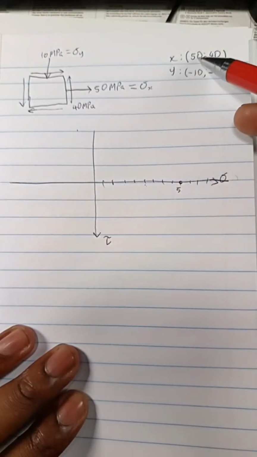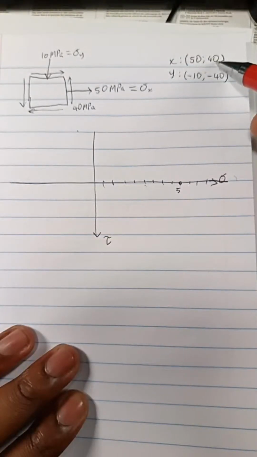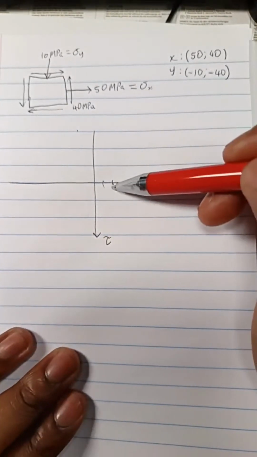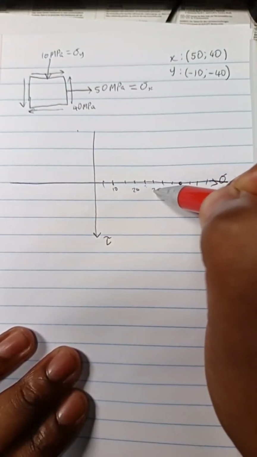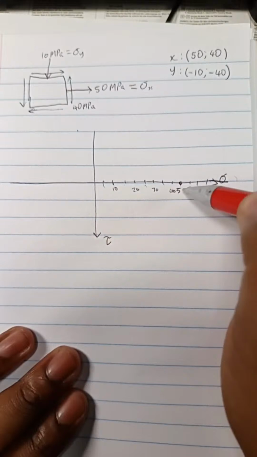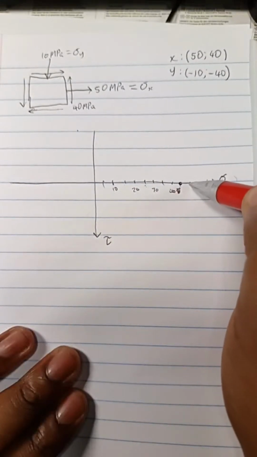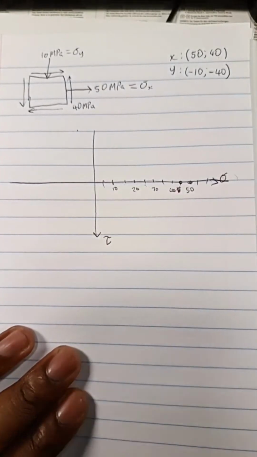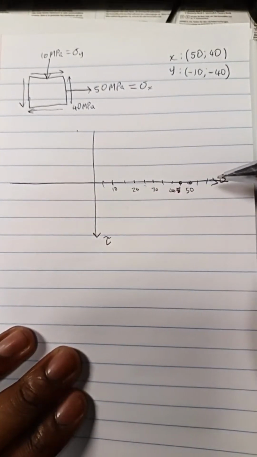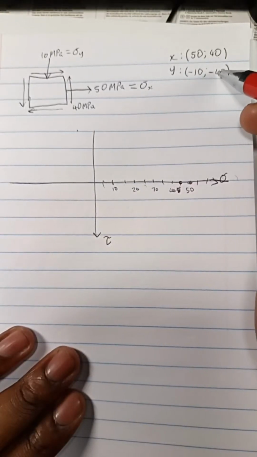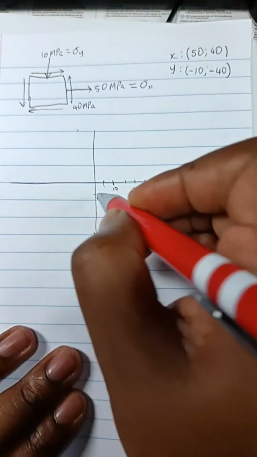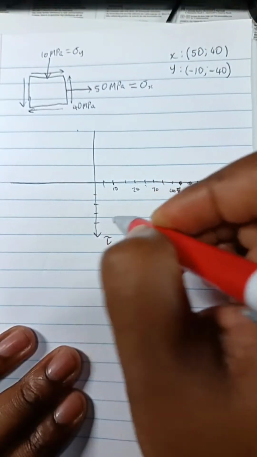Then this 50 should go with 40. If I'm saying this is 10, 20, 30, 40, so that one will be 50, and so on. Then if this is 50, on the other side we have 40, so we can have something like that.